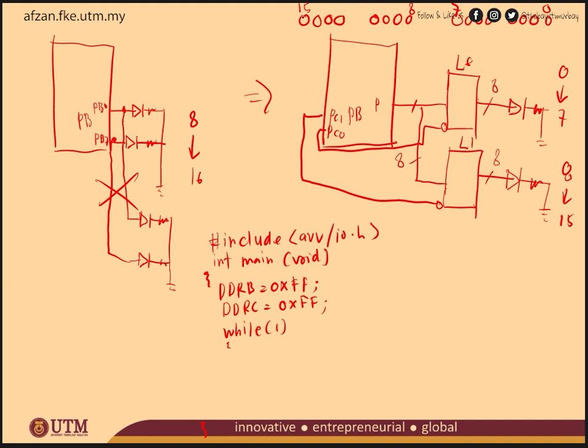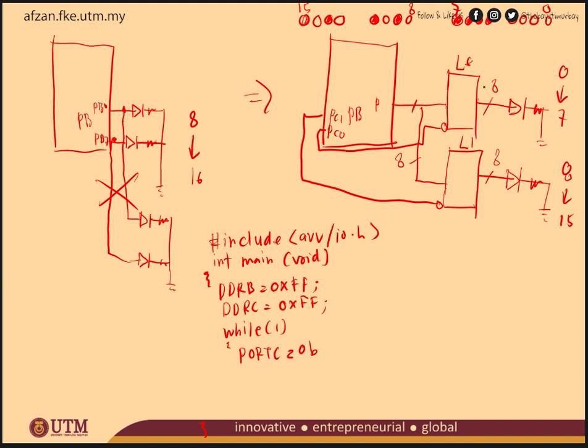Let's say I want to mix my LEDs so that they display something like this. How to do it? First, I send out: port C equal to 0B.